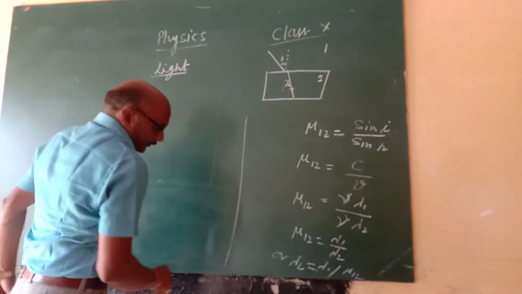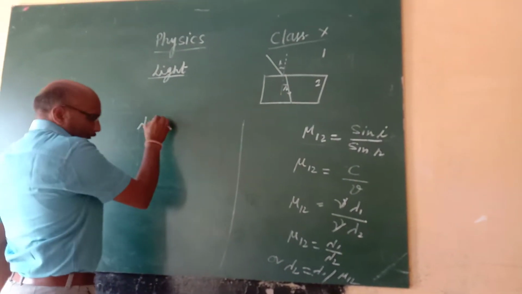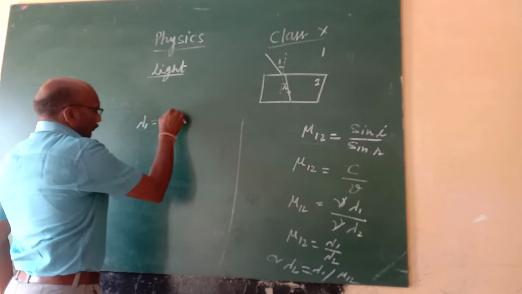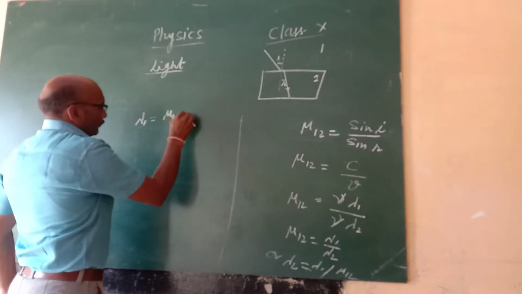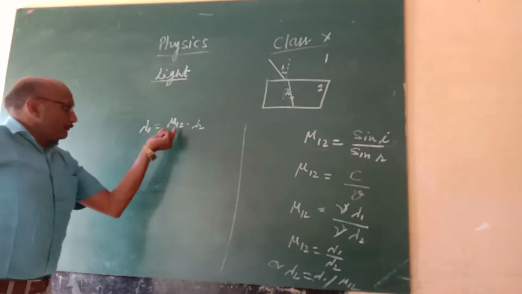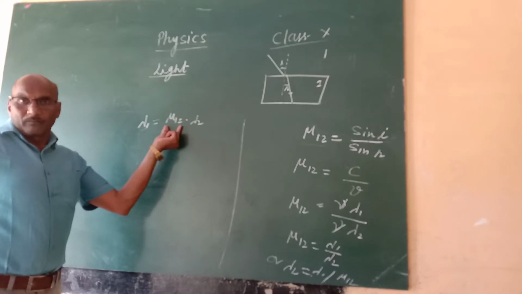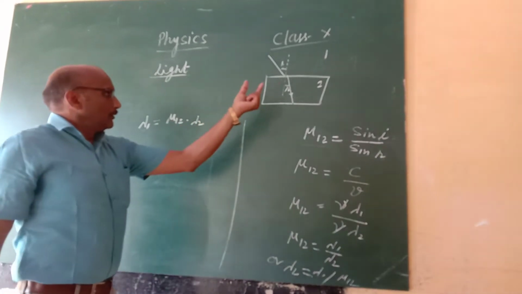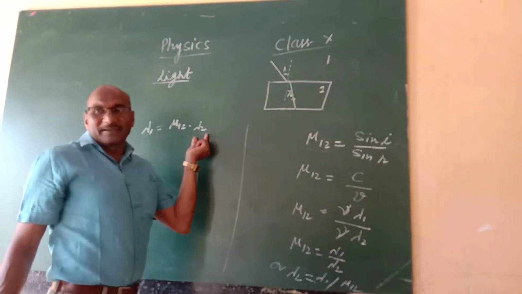One more way: lambda 1 is equal to mu 1 2 into lambda 2. So if the refractive index of medium number 2 is more than medium number 1, then the wavelength will decrease.